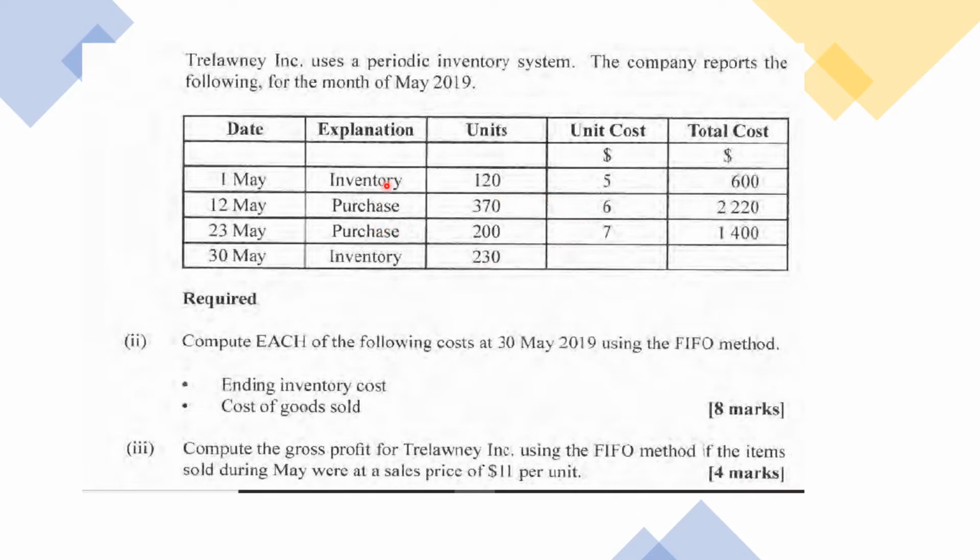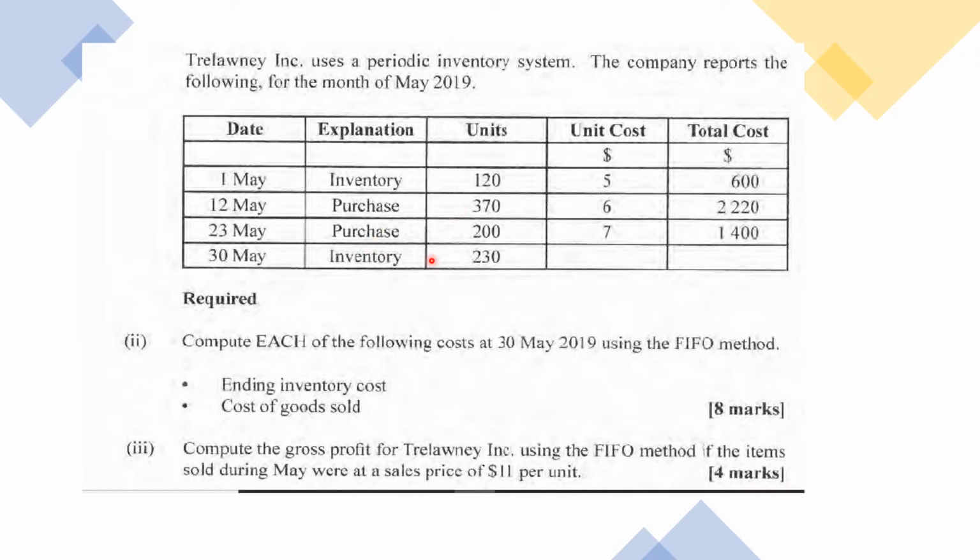We will just have the purchases and the inventory taken at periodic points in time. On the 1st of May and the 30th of May, the inventory is counted. We got 120 units here and 230 units in stock at the end of the month.